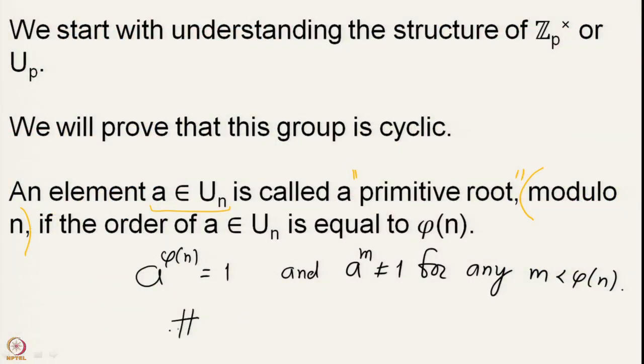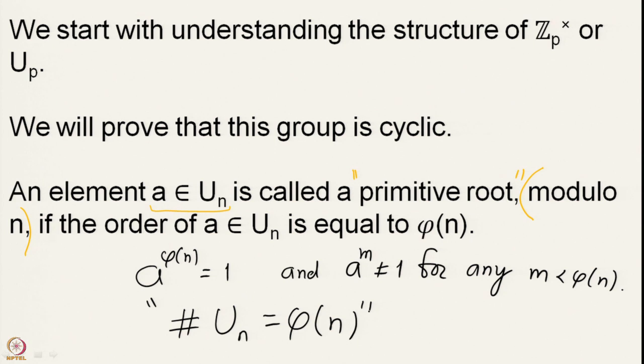So, here what we demand is that of course, we are asking for the order to be phi n, but not smaller than phi n. Therefore, the distinct elements that you get are phi n in number, and we also know that the cardinality of Un is equal to the Euler phi function phi n.